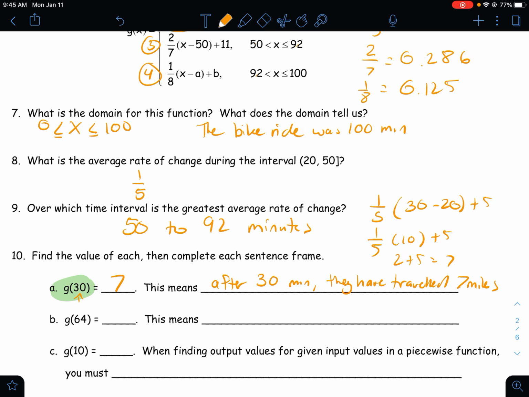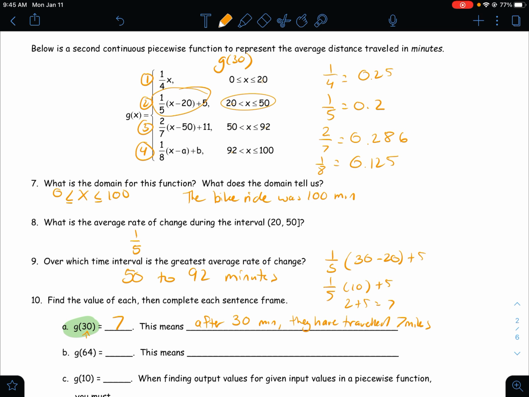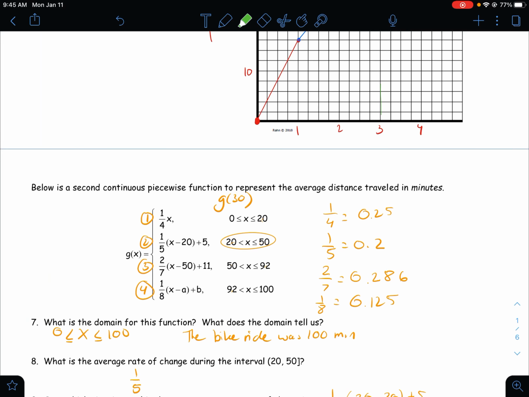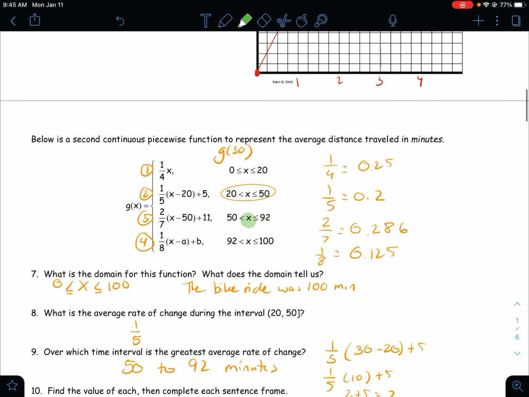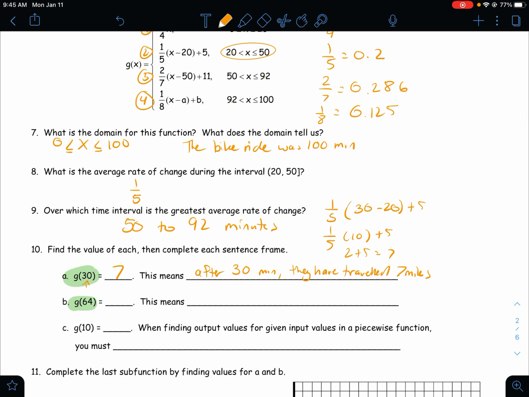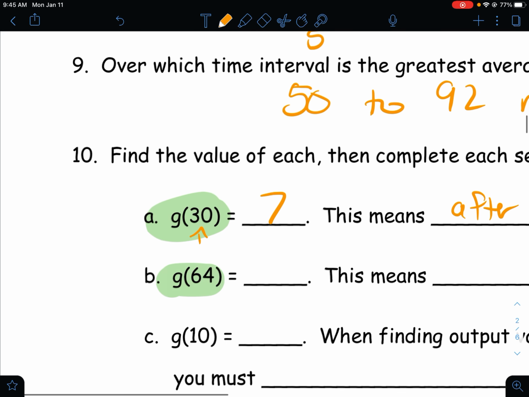All right, then we have to plug in 64. So let's take a look. Which equation do I need to plug in 64? All right, we're going to plug in equation 3. The 64 falls in between these 2 numbers. So we'll go ahead and we will plug into equation 3. So we've got, see, I'm kind of running out of space here.